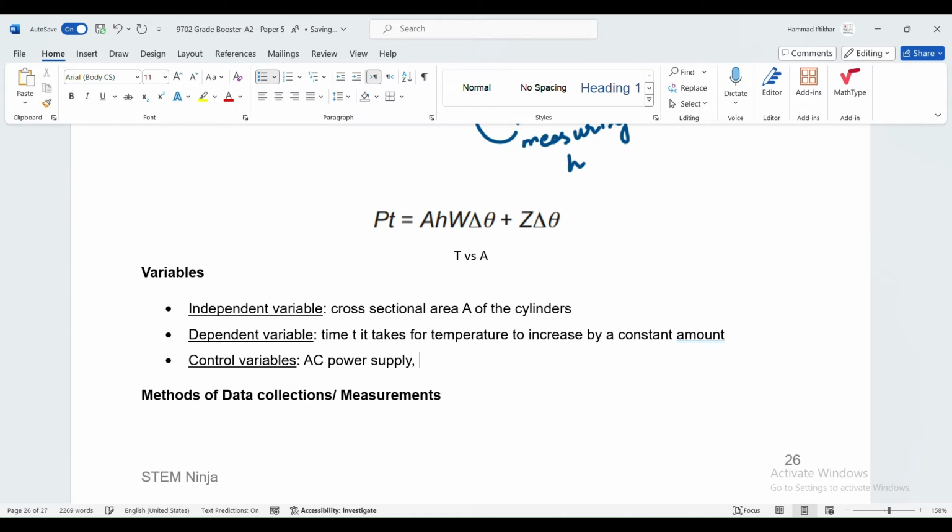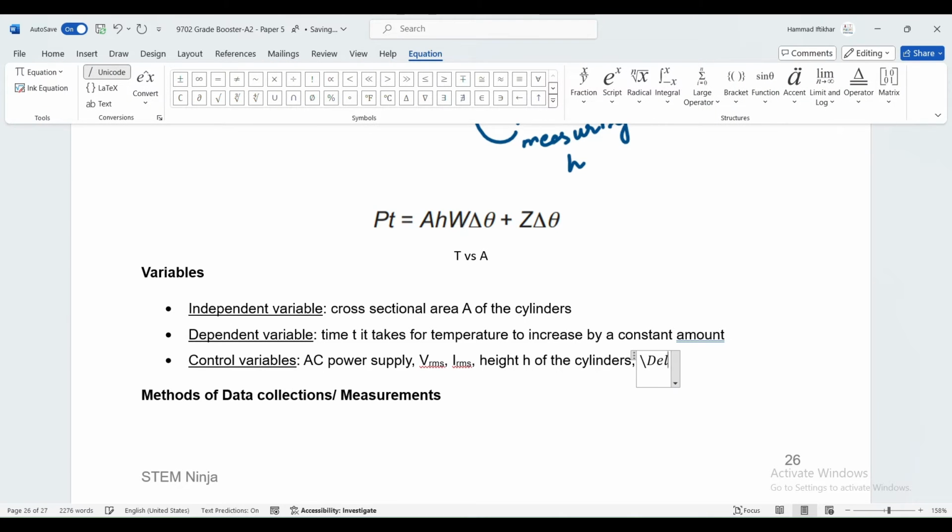That means the VRMS, similarly the IRMS, which will control the mean power over here. The height h of the cylinder is already constant, so we don't have to write it, but still you can include it.